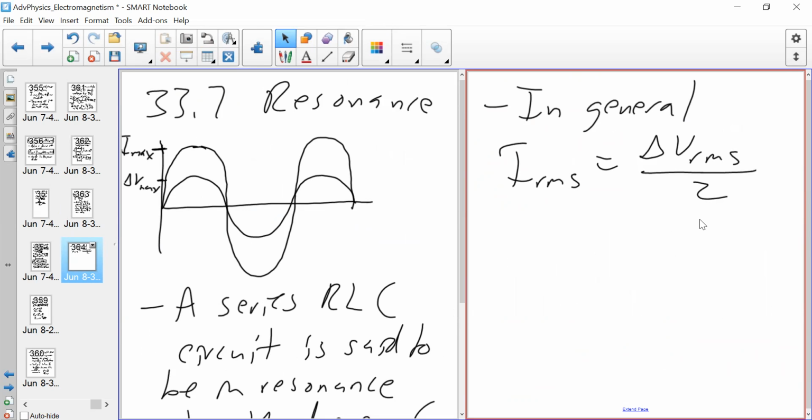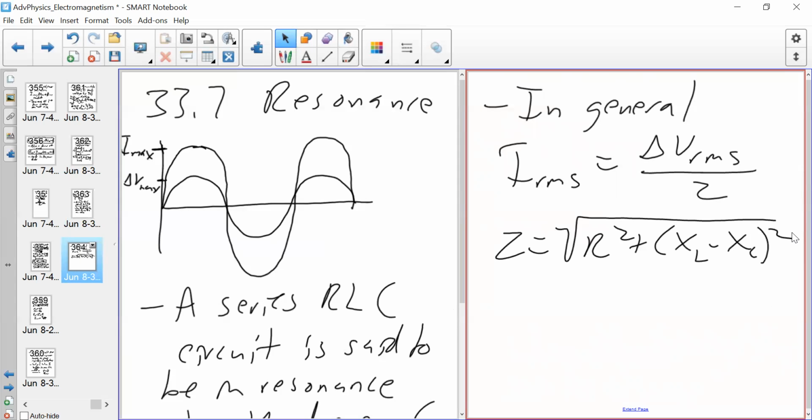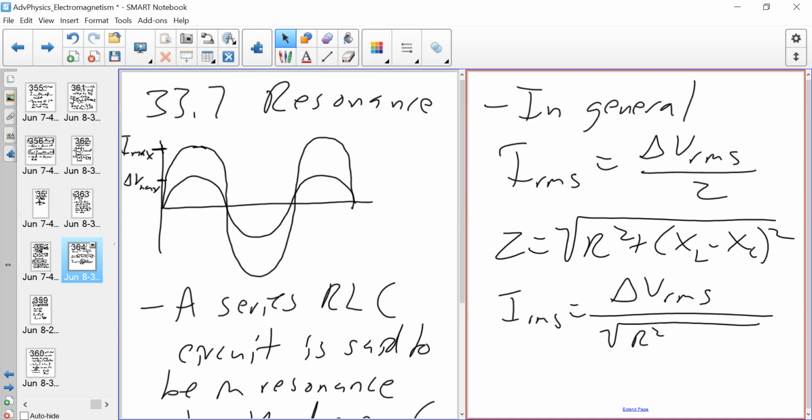Because that's the impedance of the RLC circuit, so it's basically the resistance from the R, from the L, and from the C. And Z, the impedance, is equal to the square root of R squared plus (XL minus XC) squared, so therefore IRMS gives us this equation here.